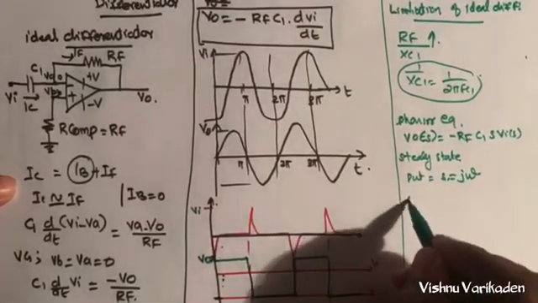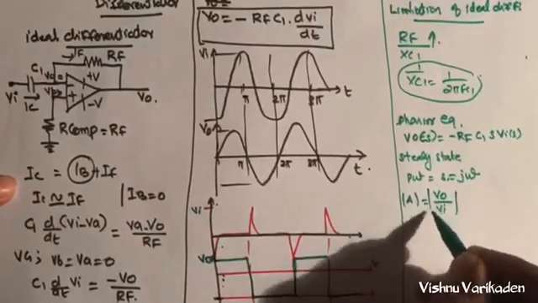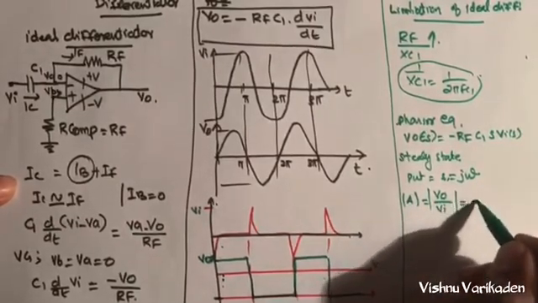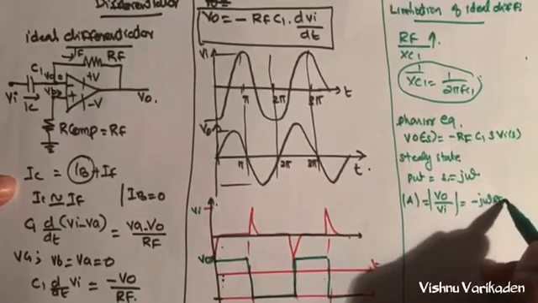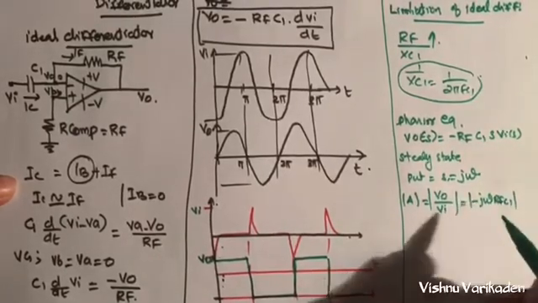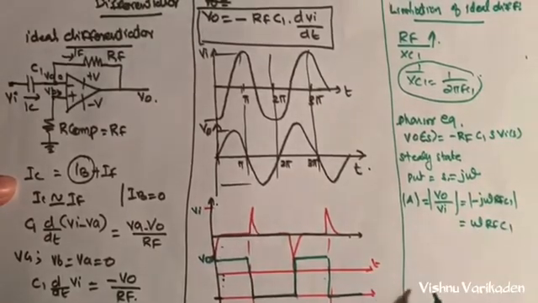We will take the magnitude of the gain, A is equal to V out by Vi magnitude. So we get minus j omega Rf C1. So the answer becomes omega Rf C1.